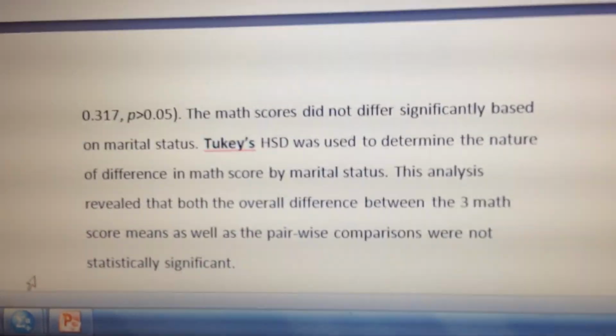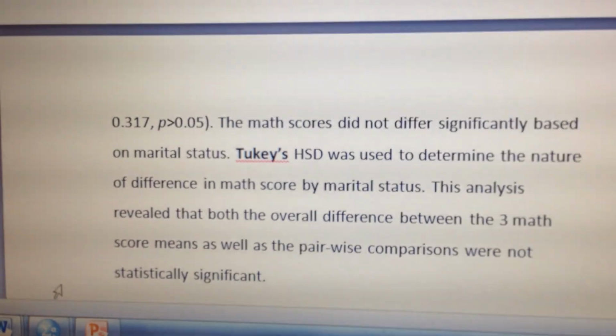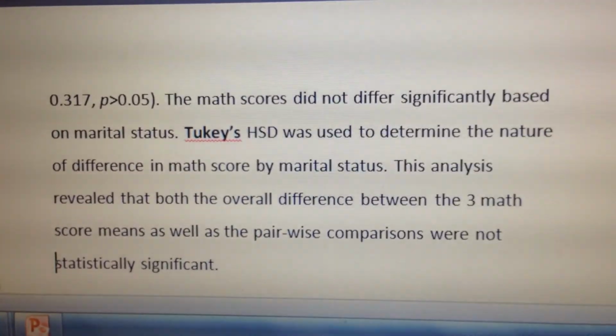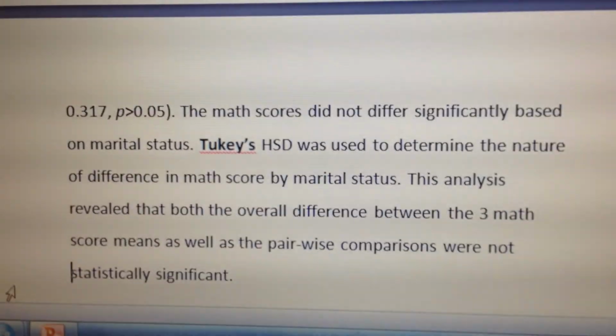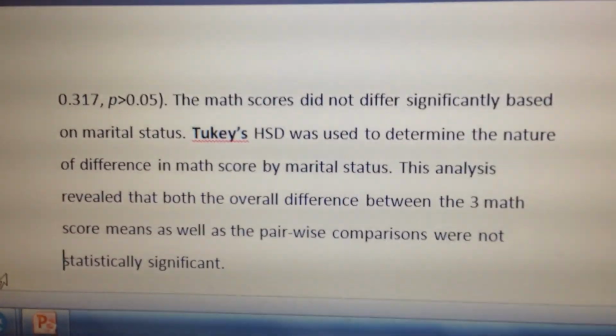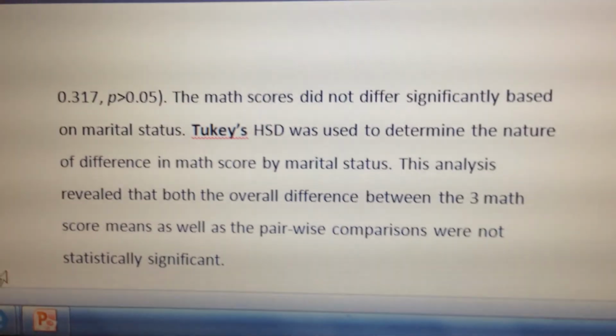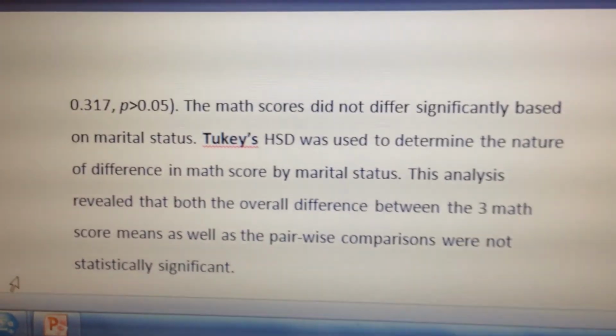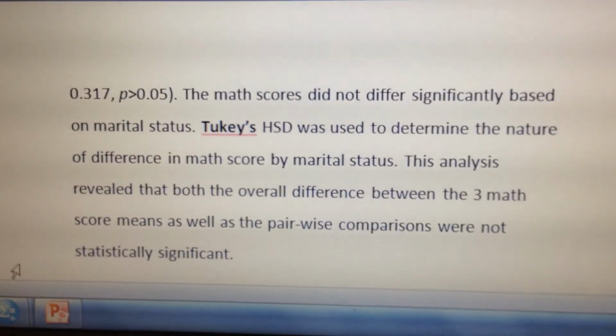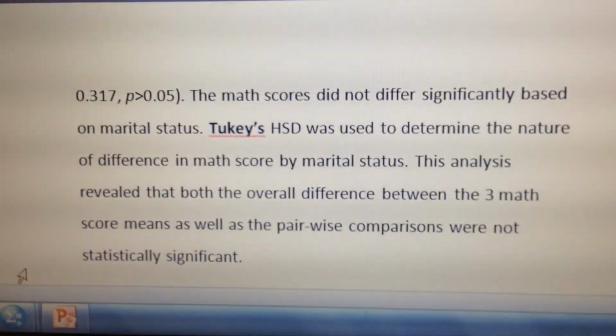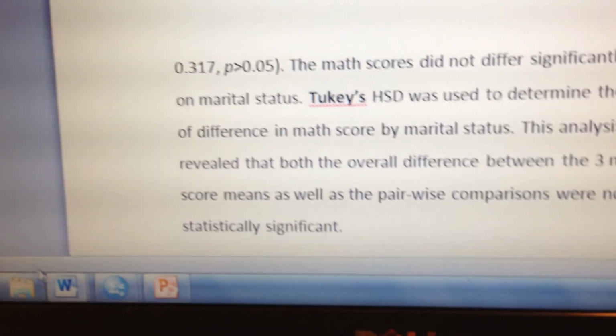So the way that we would talk about that is we would say Tukey's HSD, and HSD is honestly significant difference. Tukey's HSD was used to determine the nature of difference in math score by marital status. This analysis revealed that both the overall difference between the 3 math score means as well as all of the pairwise comparisons were not significantly different.